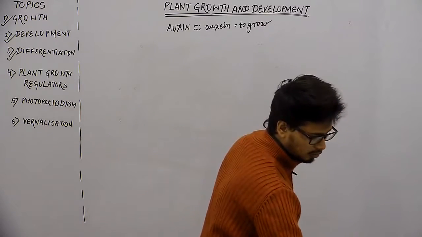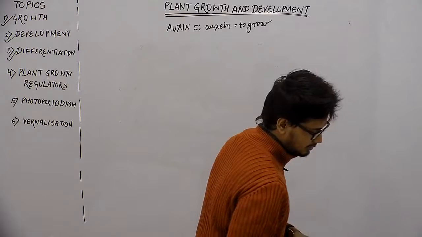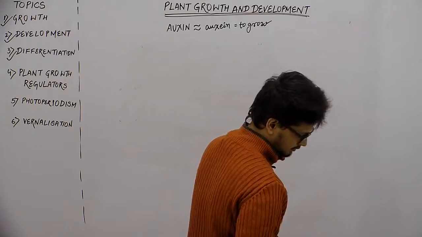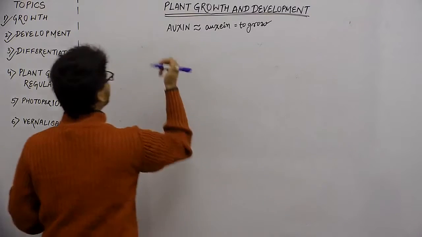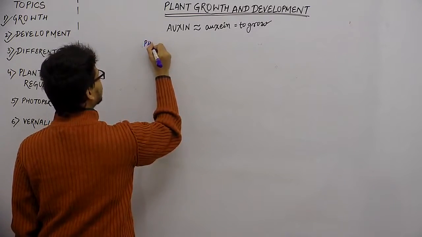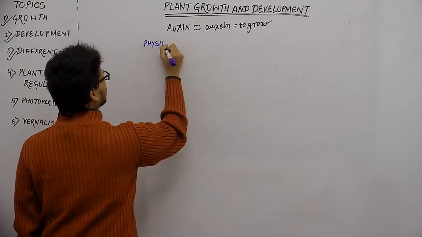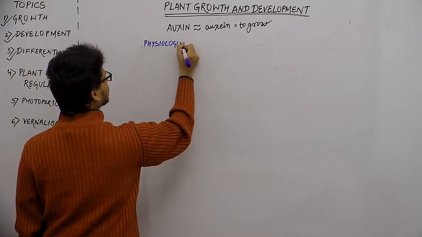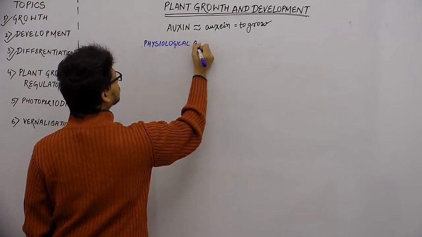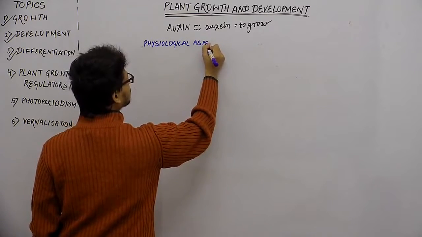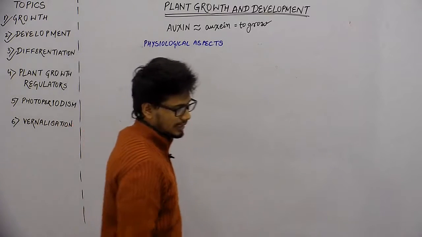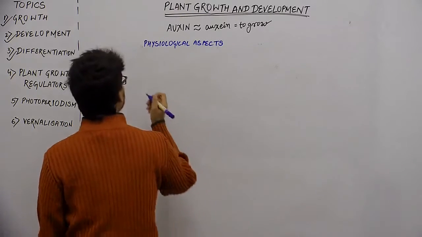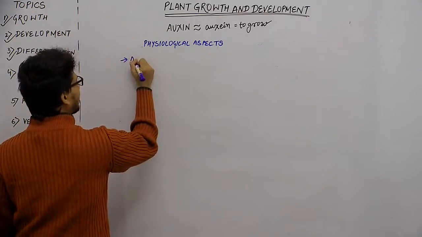Now we will talk about its physiological aspects. The first one is abscission.